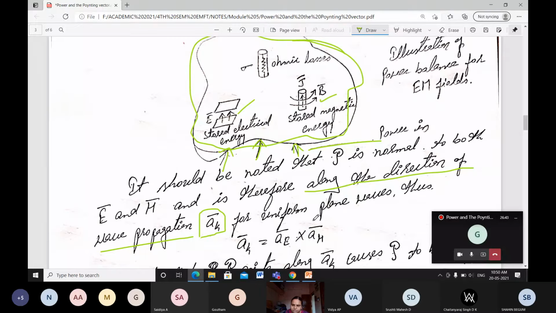For uniform plane waves, a_k is a_E cross a_H, the unit vectors along the electric field intensity and the magnetic field intensity.